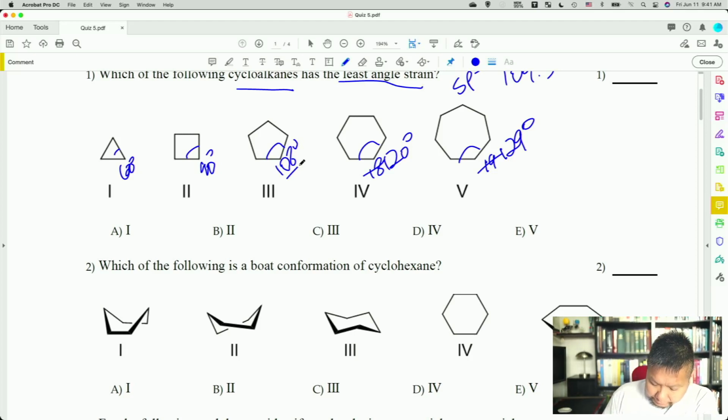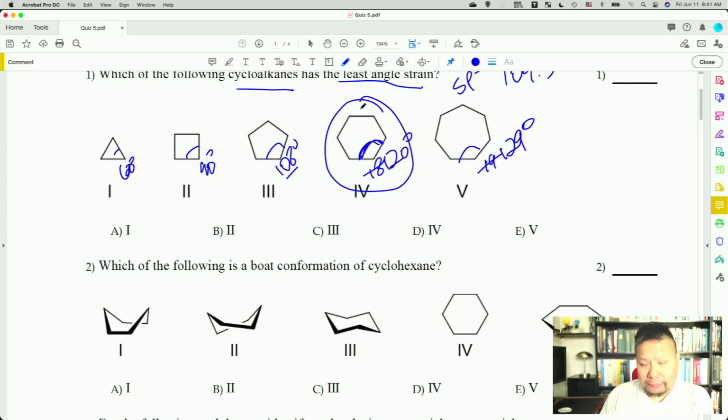So the one that contorts and conforms the most to alleviate all this strain is cyclohexane, because when it turns into its chair or boat conformation, the angles are indeed 109.5 degrees, or very close. So the answer here would be D.